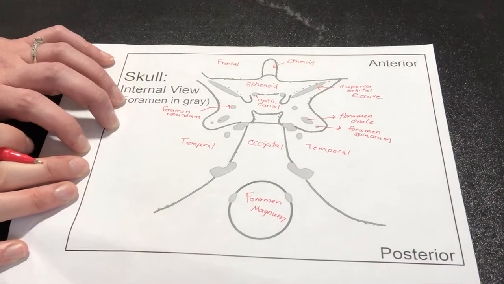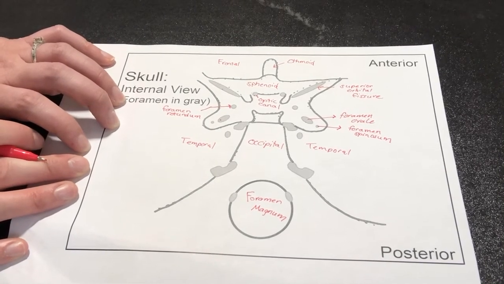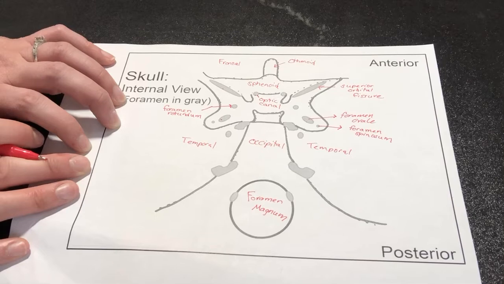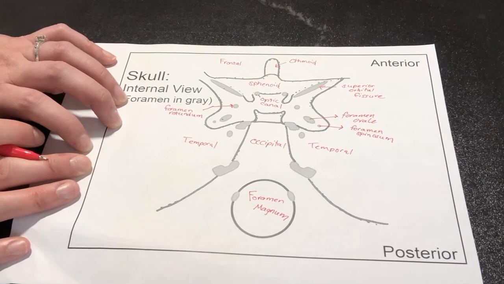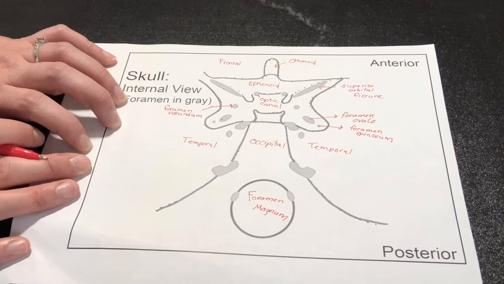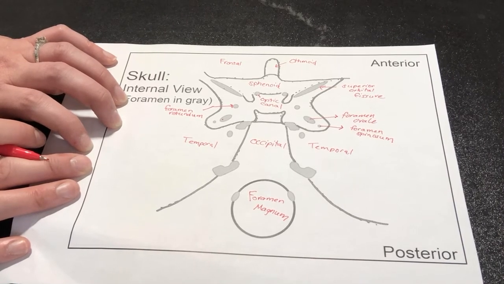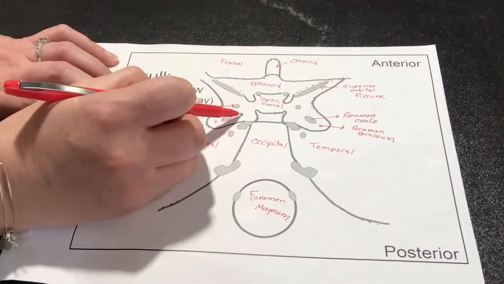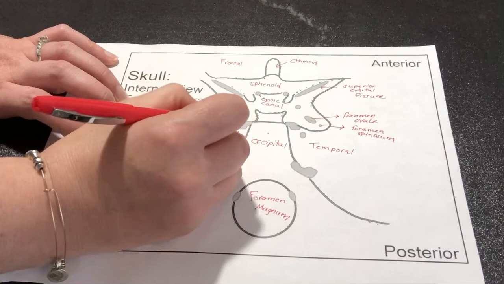Now there are a lot of openings just because of location within the sphenoid bone. The next opening that we're going to look at as we work our way posterior is considered a junctional hole. And it's junctional because it lies between three bones where they come together. So here's sphenoid, occipital, and temporal bones.